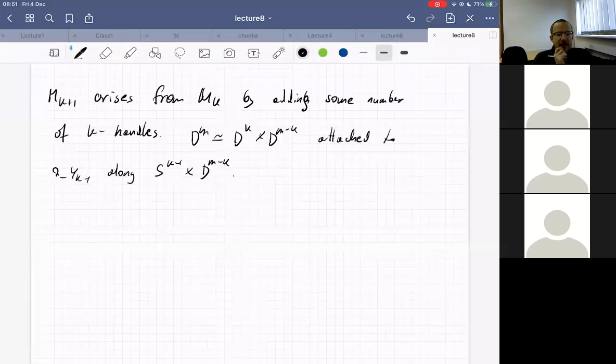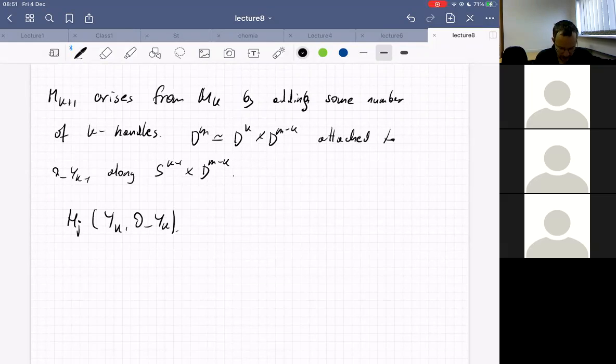So what does this tell us on the level of homology? Now there is the key observation. What happens with homology? Hj of yk, d minus of yk. So what is this?